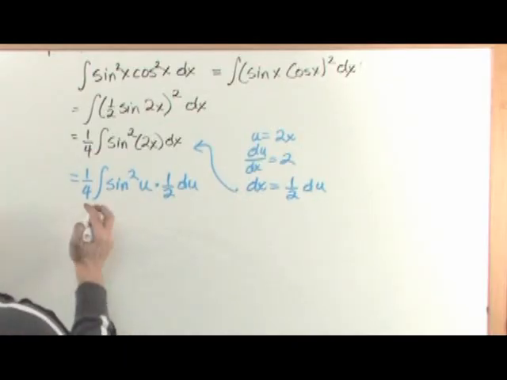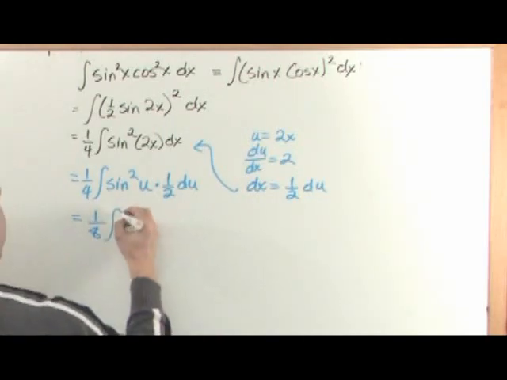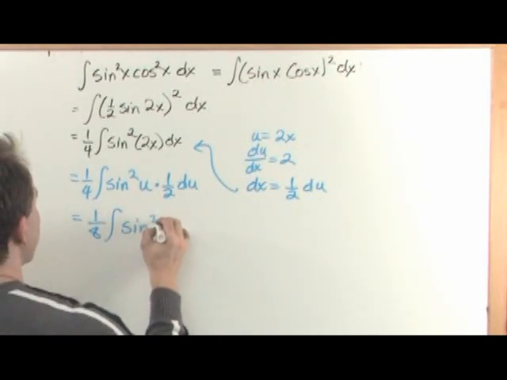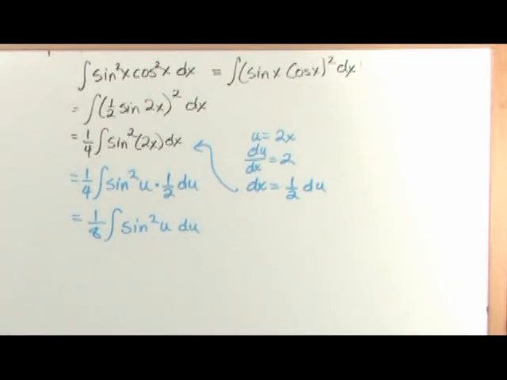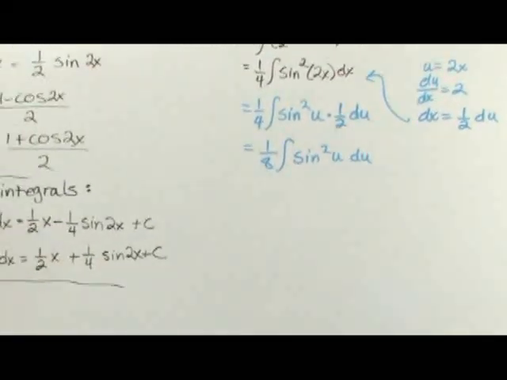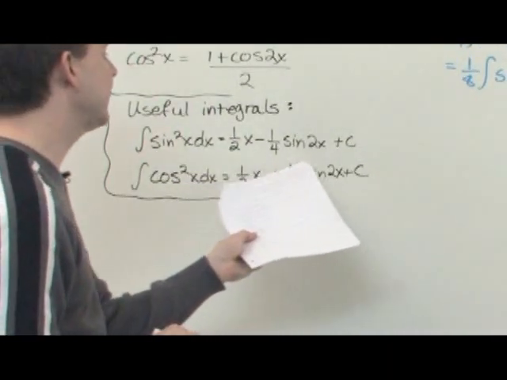Now let's pull out the 1/2. I'm going to have 1/8, 2 times 4 is 8, times the integral of sine squared u du. Now you see why we finally did that. You resolve this integral down to a sine squared of u, and I told you that it's a very useful integral: sine squared x dx is this guy right here.